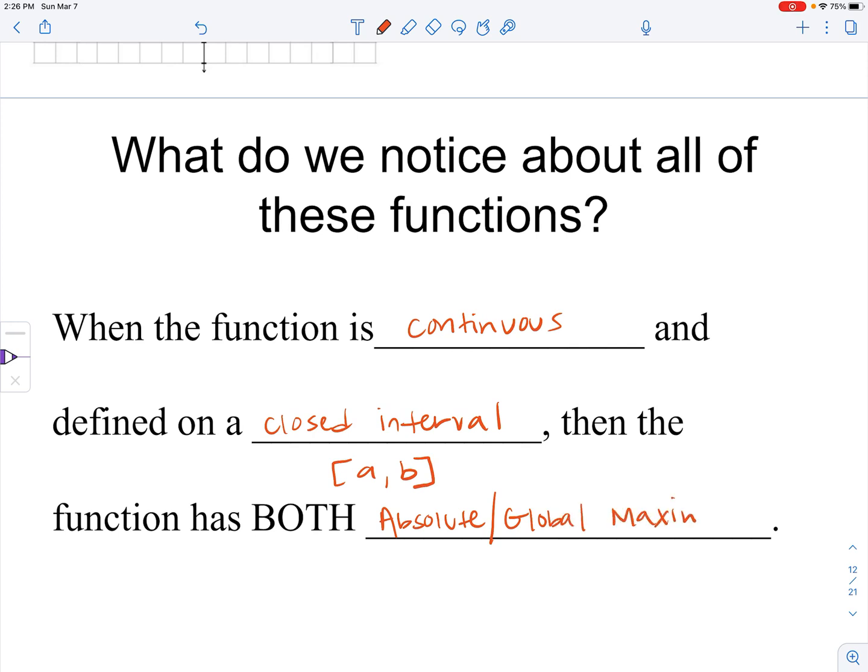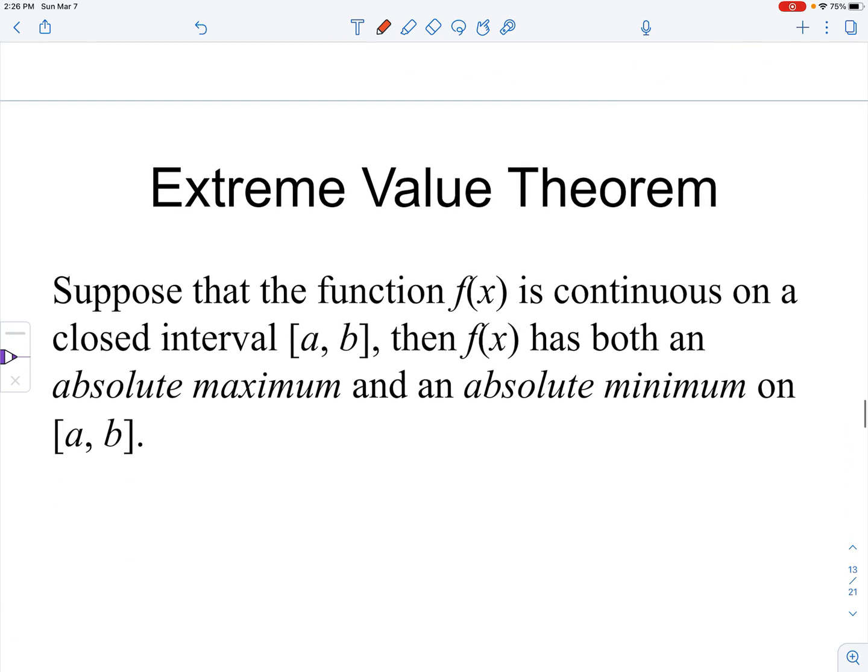I'm going to use both terms here. So absolute/global maximum, and an absolute/global minimum.